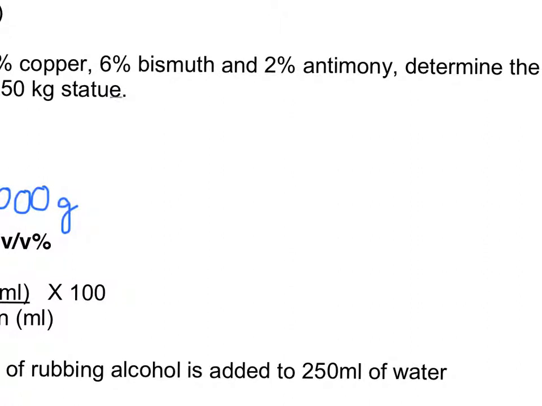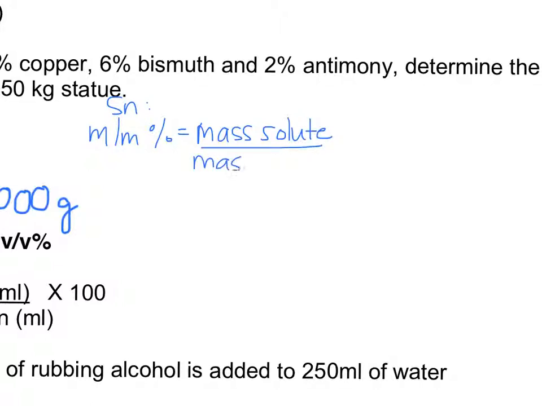Okay, so for tin, I want mass to mass percent, and it is going to be equal to mass of the solute over mass of solution times 100. What do I actually want though?